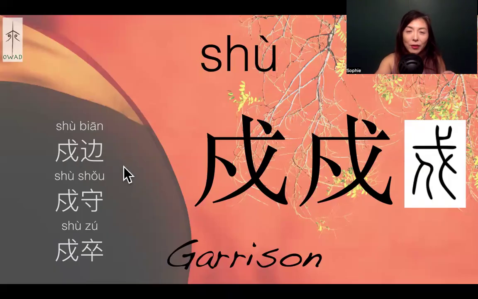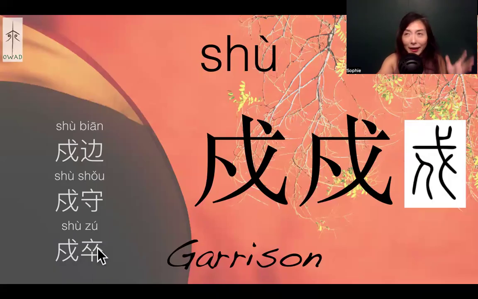So 戍边 is talking about this garrison along the borderline. 戍守, so we're talking about defense. 守 is in the sense of defending. The main job of this garrison would be to be on the defense. And 戍卒, 卒 is the foot soldier.